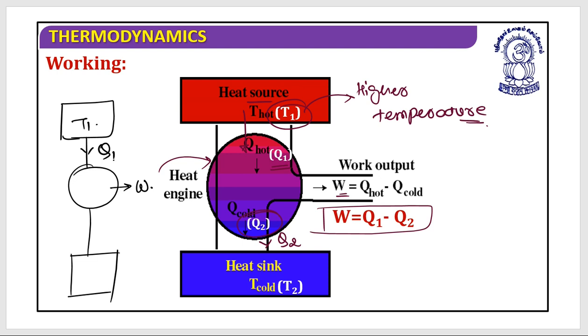From this Q1 amount of energy, a certain work is done, and the remaining energy, which we call Q2, is again given to the sink of the engine. So this is the basic flow of how a heat engine works.